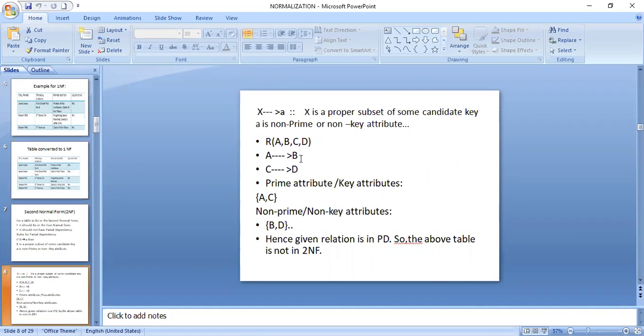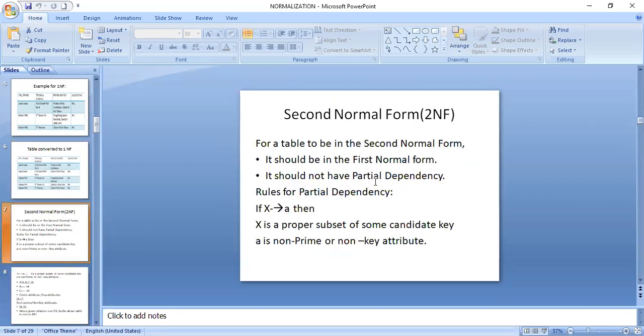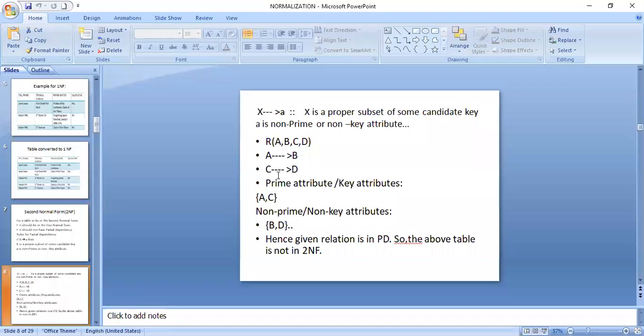There are no multi-valued attributes or composite attributes, so the first condition is satisfied. But we also have one more condition, that it should not have partial dependency. The relation which we checked here satisfies the partial dependency rule. As a result, we will say that this particular relation is having partial dependency, and hence this is not in 2NF. Is this clear? So let us see one more example regarding this.